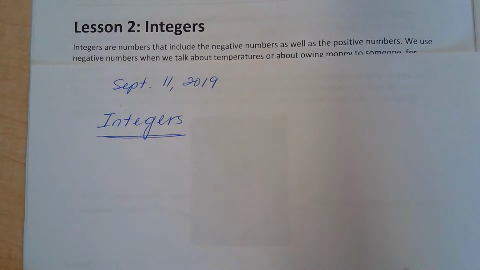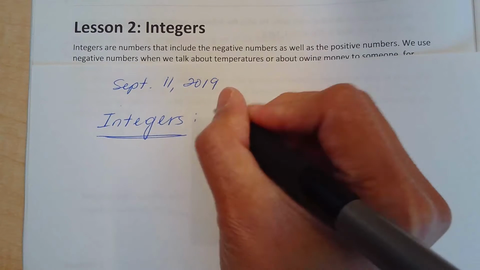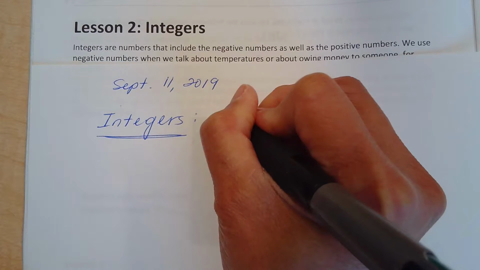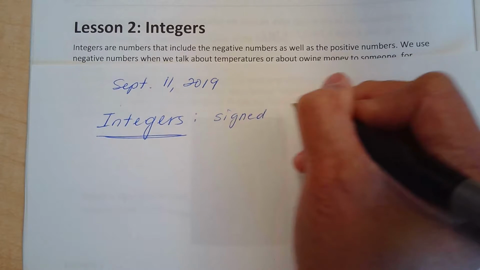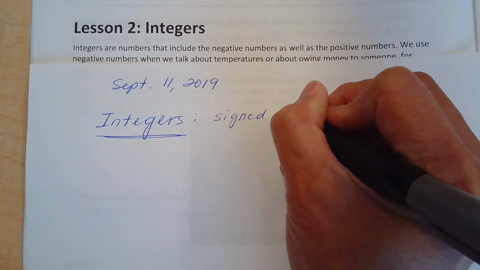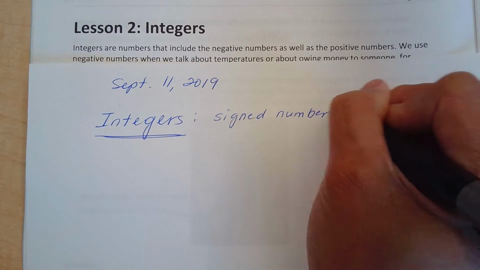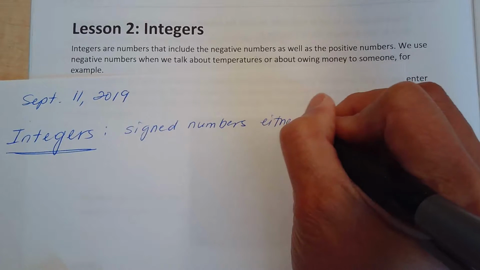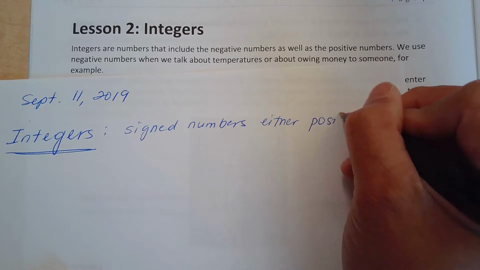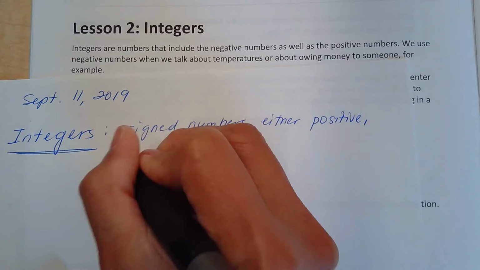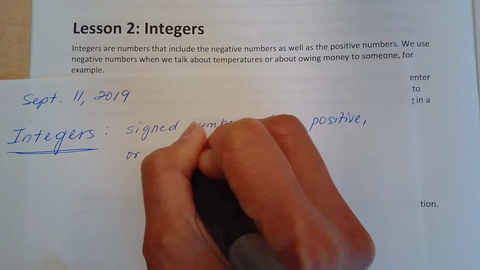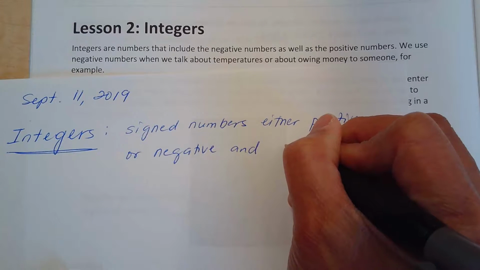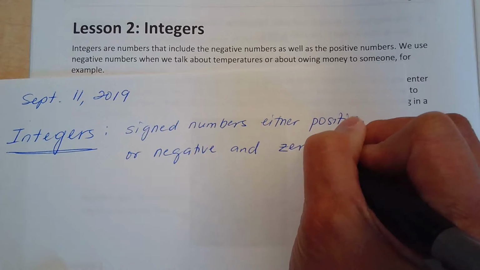So integers. Integers are signed numbers, either positive or negative, and also zero.